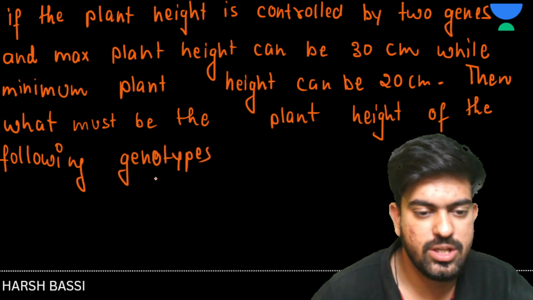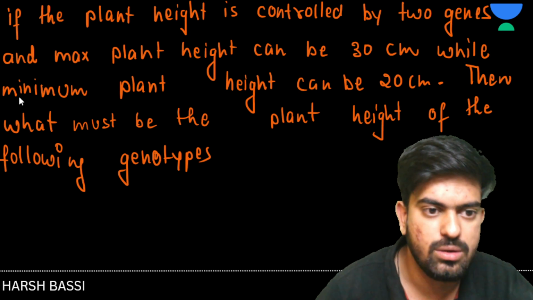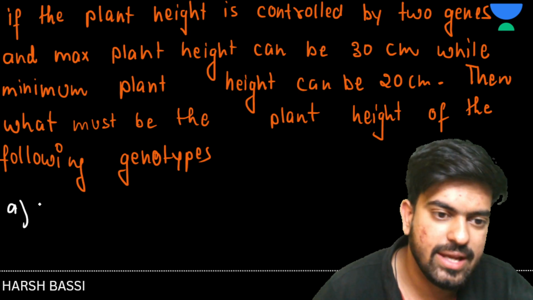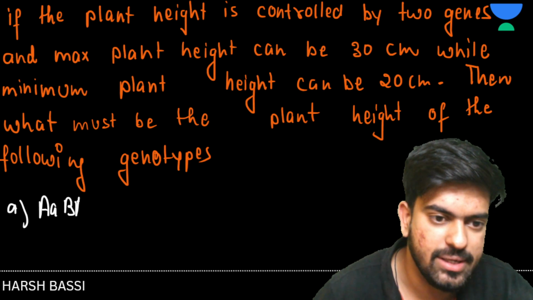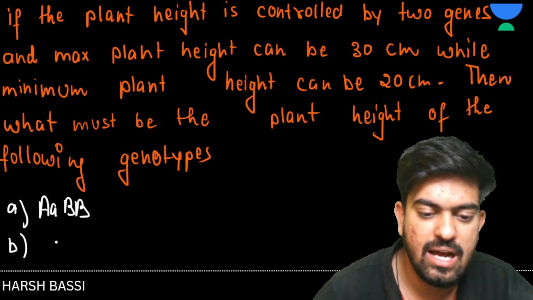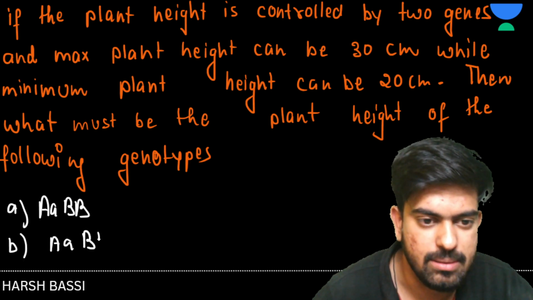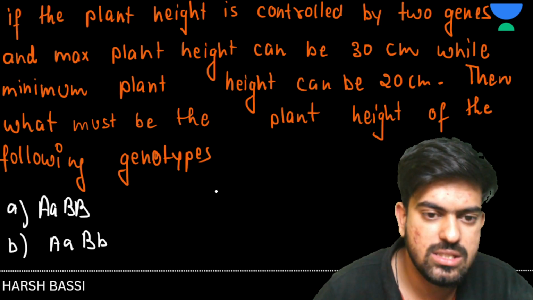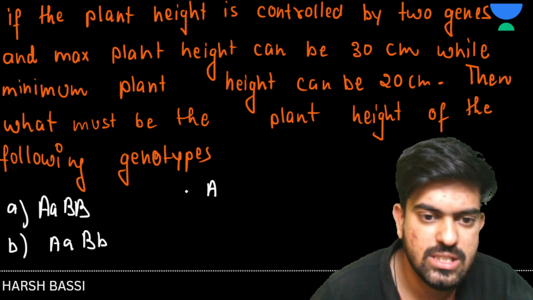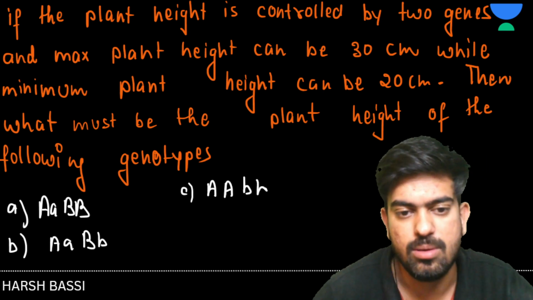The genotypes in the question are capital A, small a, capital B, capital B; let's have capital A, small a, capital B, small b; and one more, capital A, small a, small b, small b. How can we solve these types of questions? See, it's saying this is the minimum height, this is the maximum height. Now calculate the phenotype of the other genotypes given in the question.